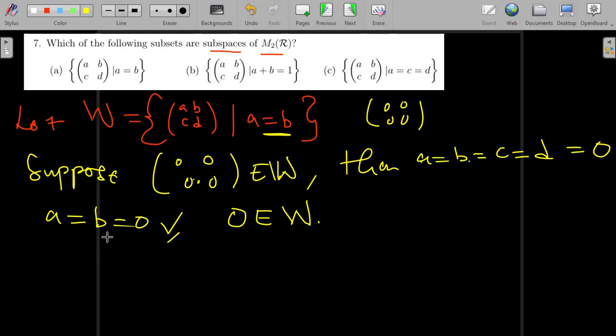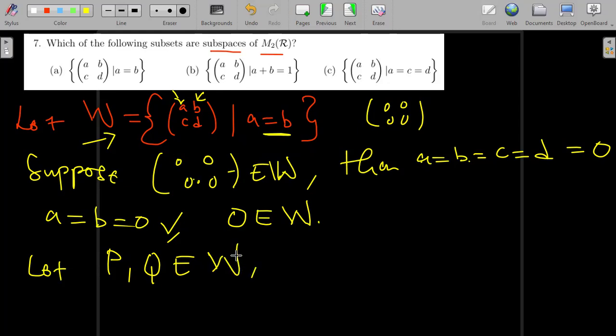Now let's check if the addition and the scalar multiplication will also be a part of this set. Remember our condition, A has to be equal to B. In short, the element that is there and the element that should be there should be equal. So I'm going to say let P and Q be members of this set.